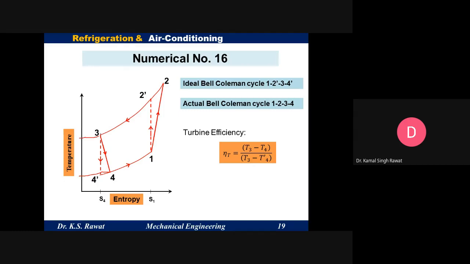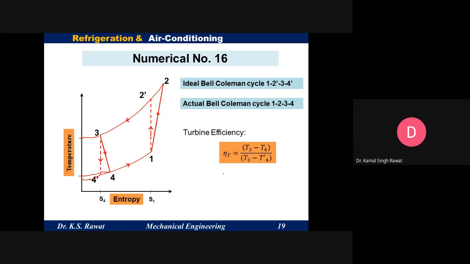The T3 minus T4 dash must be larger than T3 minus T4. So our formula is T3 minus T4 divided by T3 minus T4 dash.